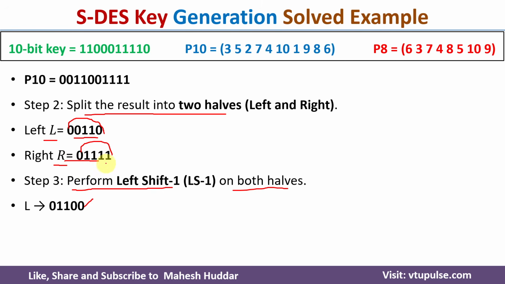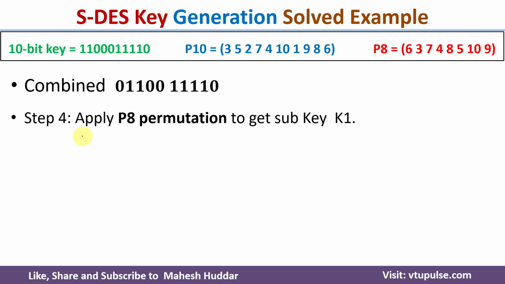So the result is 11110. After that, we need to combine these two, L and R. Once you combine them, we get the combined permutation bits as 0110011110.